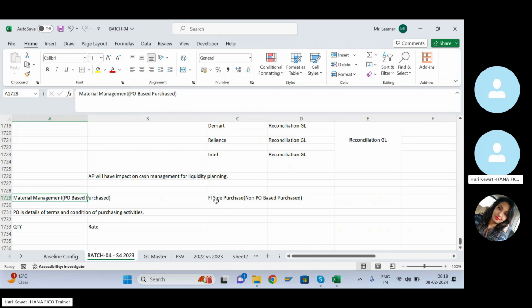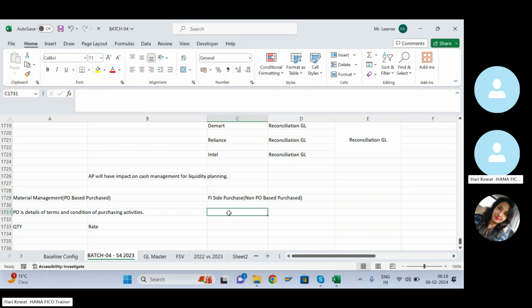Opposite to that, on the FI side, generally you go for ad hoc purchase. Ad hoc purchase means all of a sudden you can purchase from the vendor, so it is non-PO based.